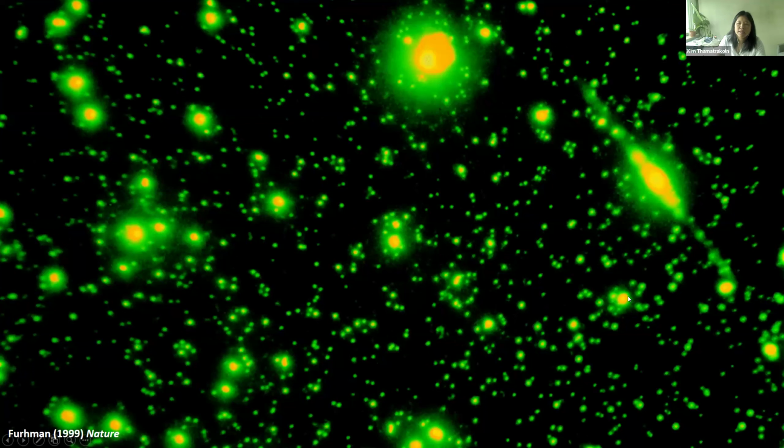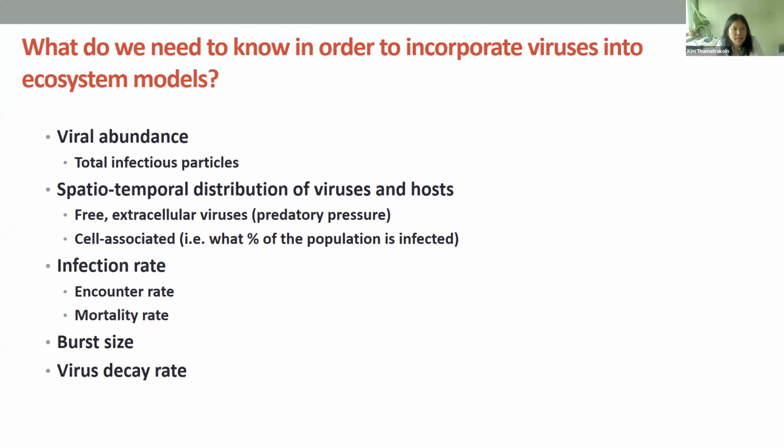And what you're seeing here is a diatom cell off to the right. These larger dots are bacteria, and then all these smaller dots in the background are viruses. And so viruses are the most abundant entity in the ocean. And so one of the things that we're interested in is to understand how viruses may interact with their hosts and drive ecosystem processes.